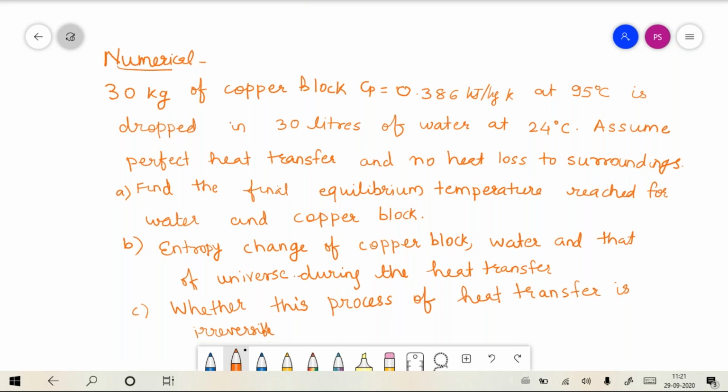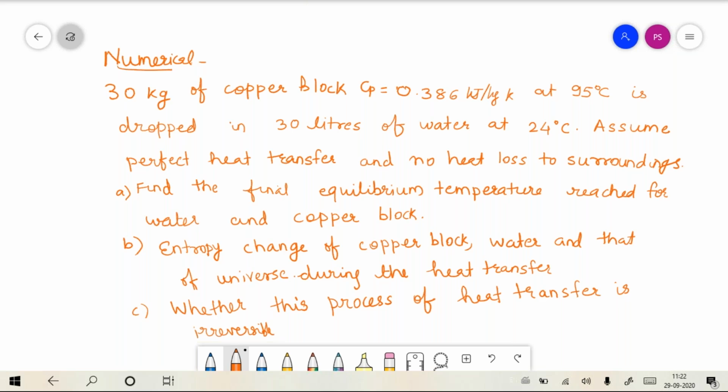This is the first part. The second part of the question is you need to find the entropy change of the copper block, the entropy change of water, and the entropy change of the universe associated during this heat transfer interaction, right?